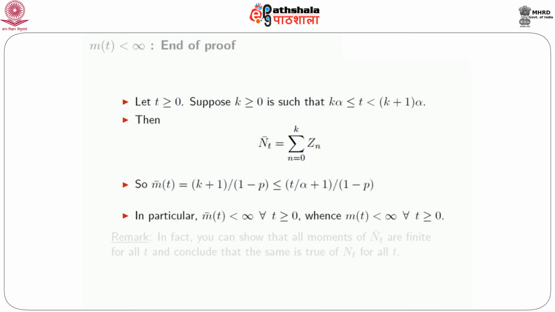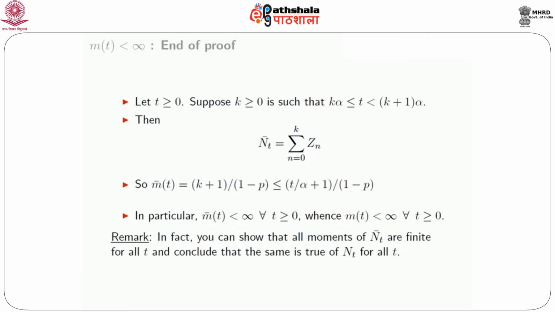So M bar t, which is the expected value of this, would be (k plus 1) divided by 1 minus p, and that is because there are k plus 1 terms starting from n equal to 0 to k, and each Zn has expectation 1 over 1 minus p, so it becomes (k plus 1) over 1 minus p.